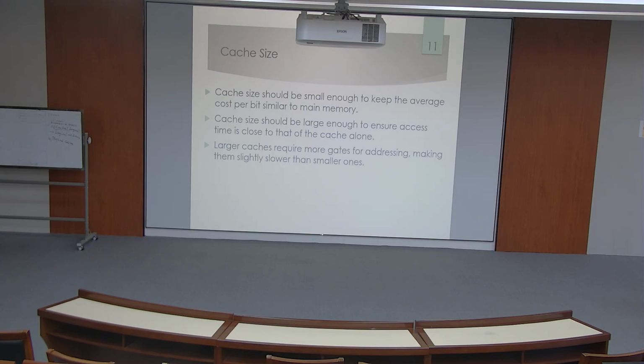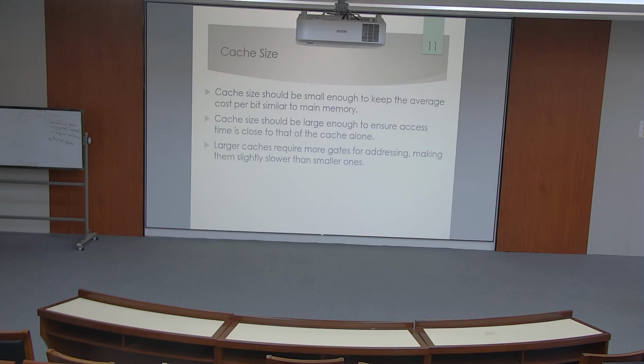That means the size of the cache memory needs to be as small as possible. But the cache size also needs to be larger to make sure that access time is closer to the cache access time alone. But bigger cache memory requires more gates for addressing.